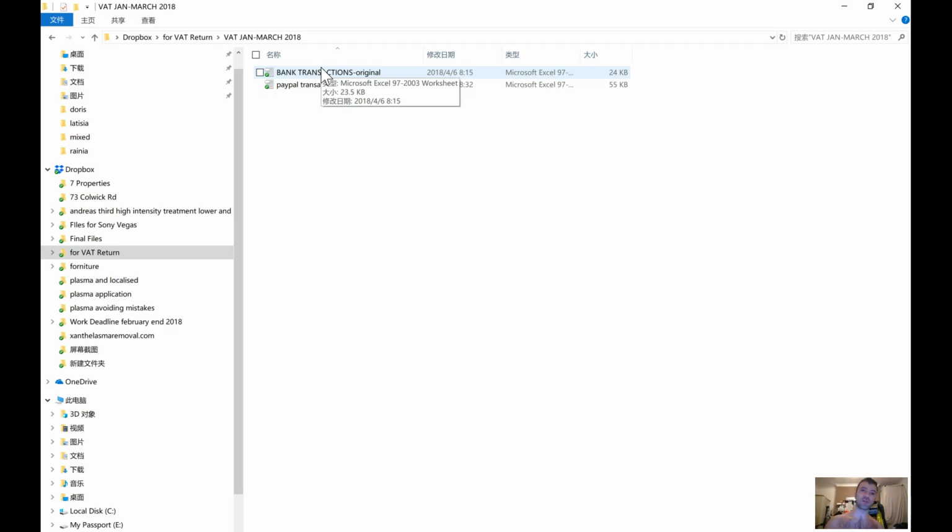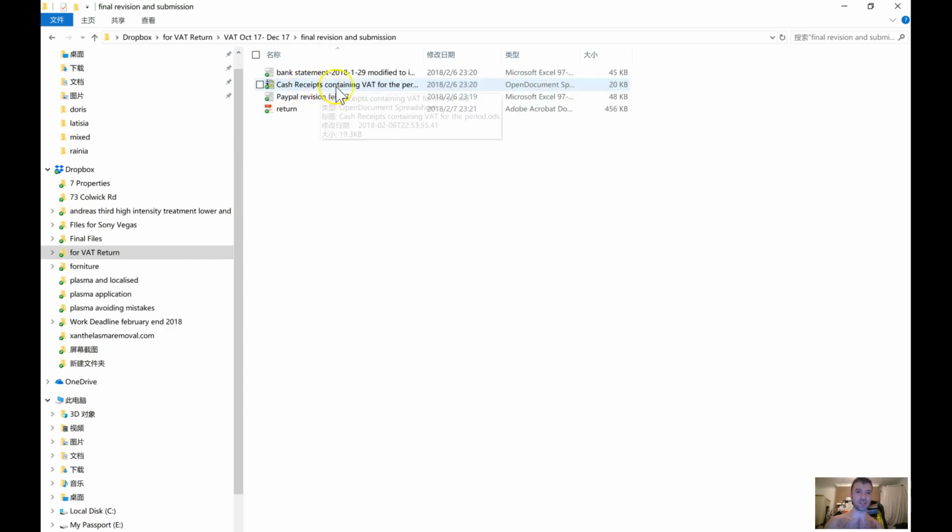If it's cash, then you've got to make another spreadsheet and work it out, which is a third spreadsheet. For example, here, the previous one, cash receipts for VAT claim.